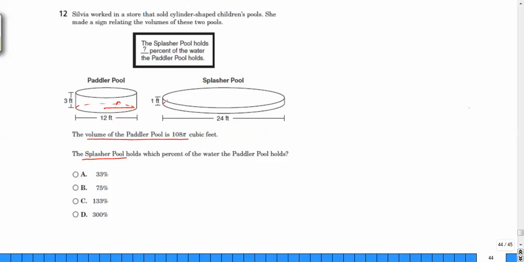Same story here with the splasher pool. We got the circle, and this circle definitely has a radius. If we know that, we can say that the base of the cylinder is the circle, and I can show it to you, that circle right there at the bottom.